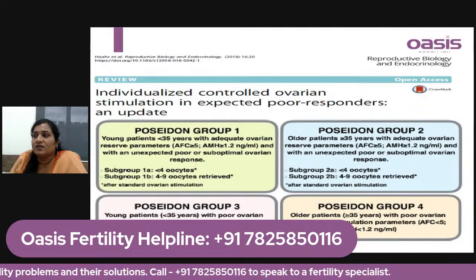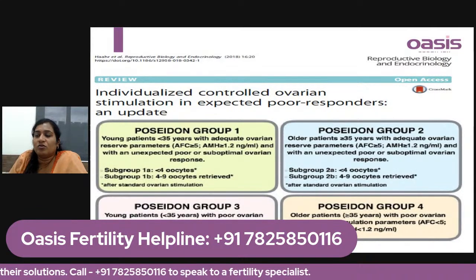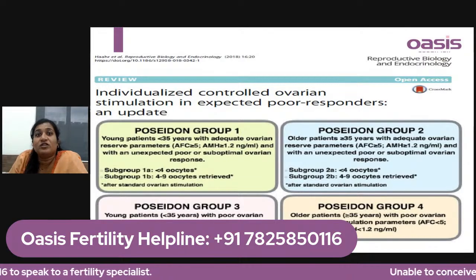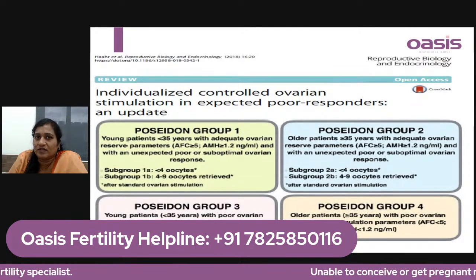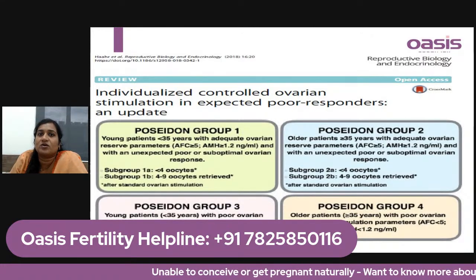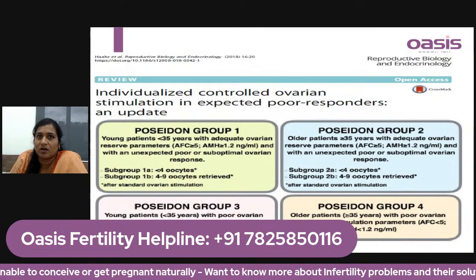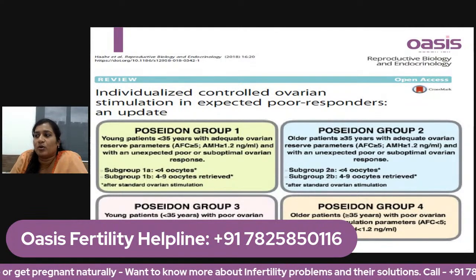You can see in group 1, these are young females, that is, less than 35, with a good number of eggs. But when we give them the injections or the stimulation or medicines, they're not responding the way they usually have to respond. So these are grouped as group 1.